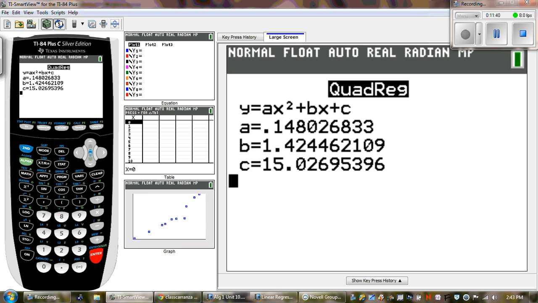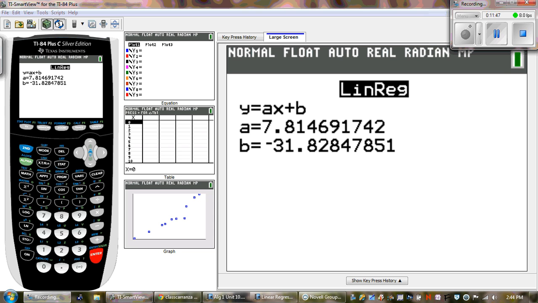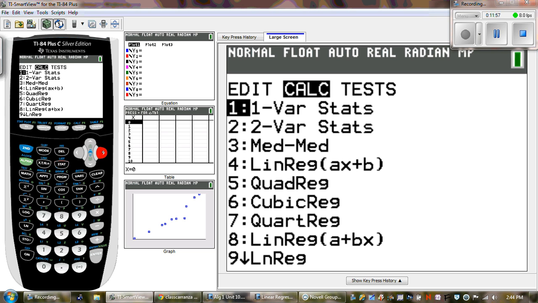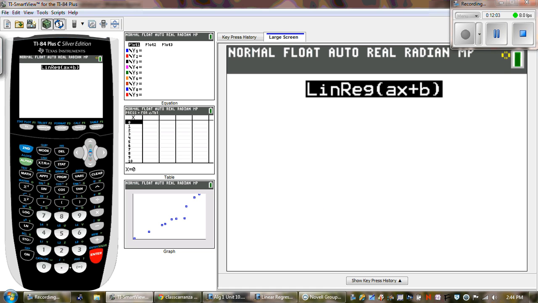And there we go. Oh, I hit the wrong one. Don't do what Mr. Grice did. There we go. Mr. Grice had it on quadratic 1 and not linear, so this is why it looks a little different. So once again, I was on stat. I moved it over to calculate, and I want option 4, which is linear regression.